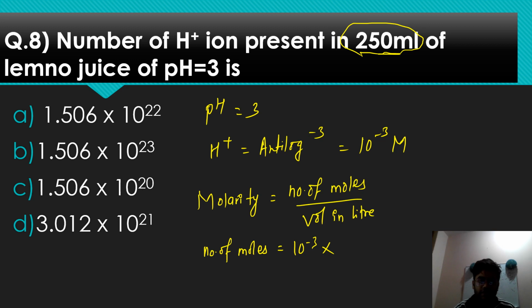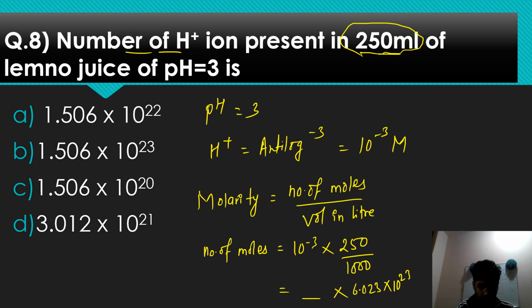So we have to calculate the number of H plus ions in 250 ml. So 250 divided by 1000, since this is in ml. Okay, and this is the number of moles. We have to calculate the number of H plus ions. If we multiply this value with Avogadro's number 6.023 times 10 to the power 23, then we will get the right answer here. So I am going to calculate it.